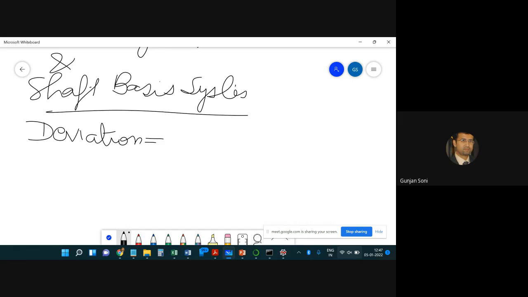I got larger than what I wanted. So it could be positive, negative, or 0. Now there's a term upper deviation. Upper deviation is the algebraic difference between the maximum limit of size and the corresponding basic size.